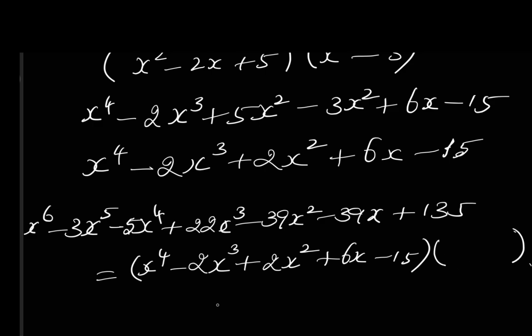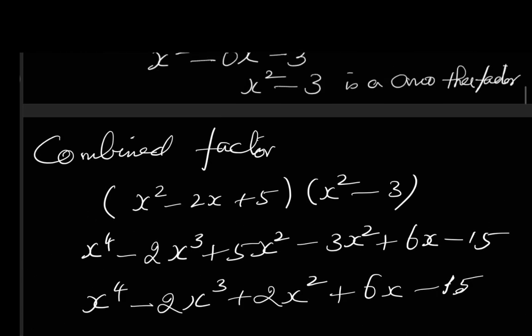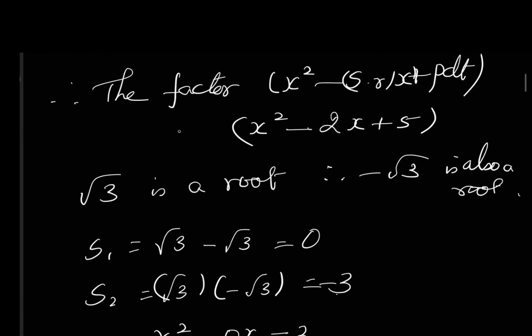That is a quadratic factor, because here the degree is 4 and the highest power in our expression is 6. So we need one more degree 2 factor, x power 2, so you will get x power 6. And then it must contain an x term and a constant term.